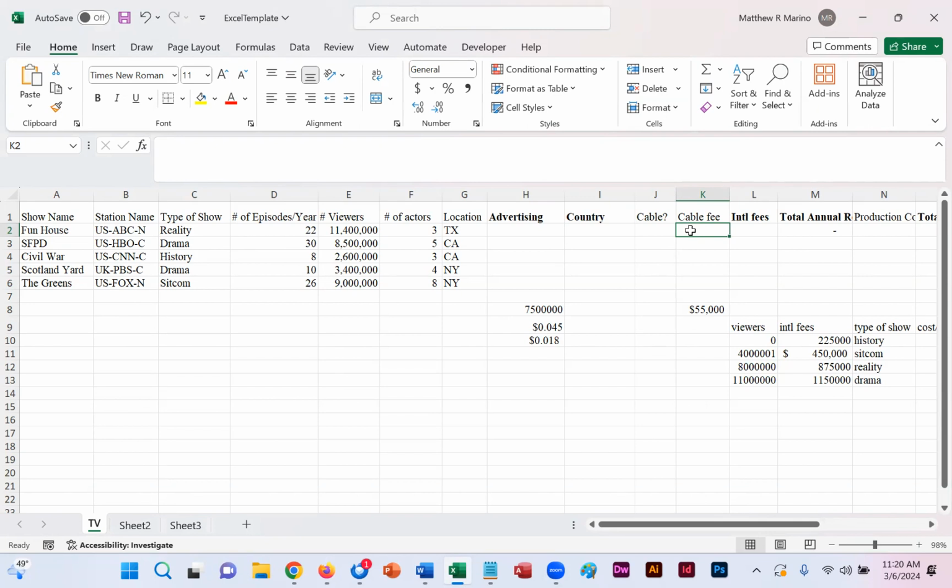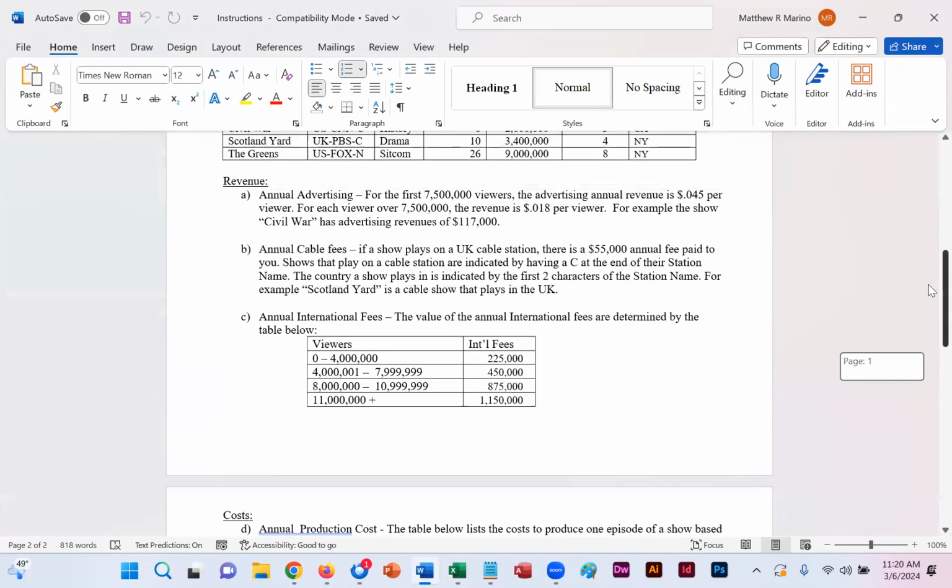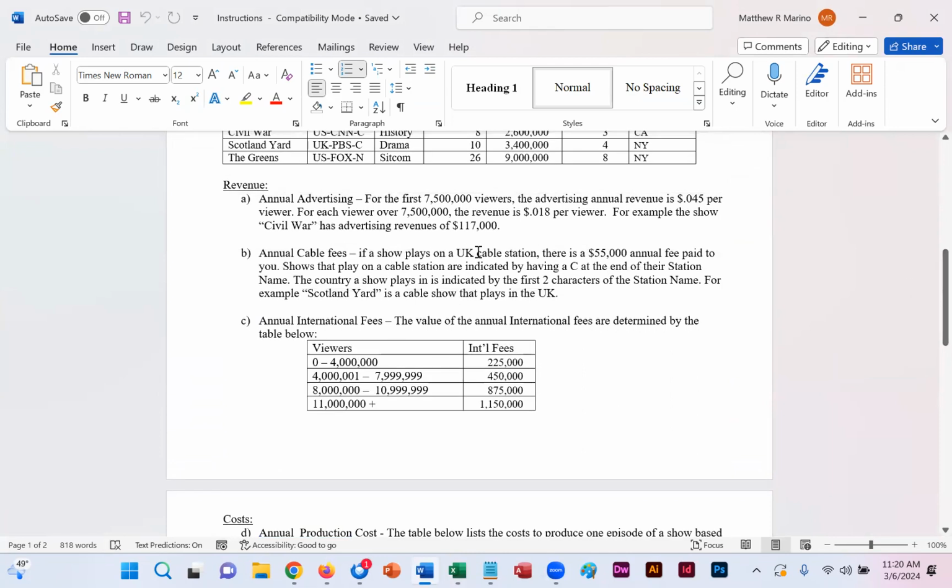You're going to do an if and. If they're from the UK and they're on cable, then they have this $55,000 bonus. So if a show plays on UK cable station, there's a $55,000 fee paid to you.